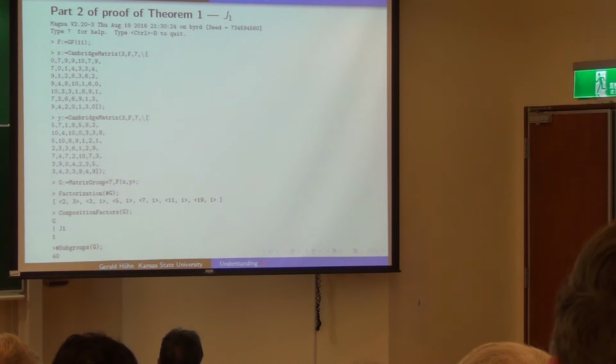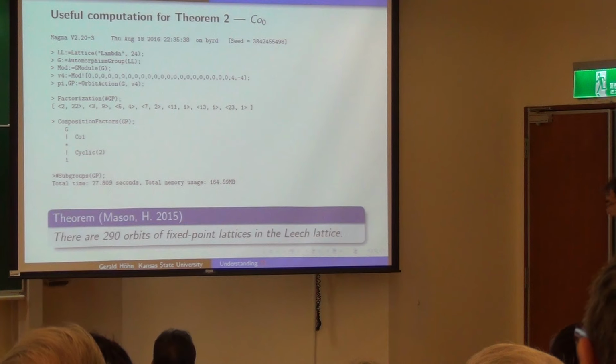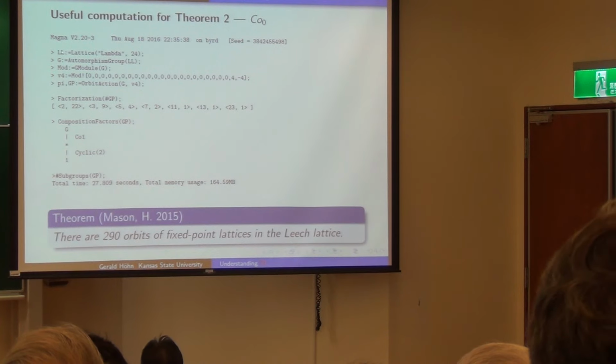Okay, but I don't talk about proof theory. Nevertheless, I would also like to show you that one can do it for a larger group, because this plays a role later for the second theorem. If you do this for Conway group Co0, this is harder because the group is larger. What you can do is first define the Leech lattice, the laminated lattice, and that gives you the automorphism group.